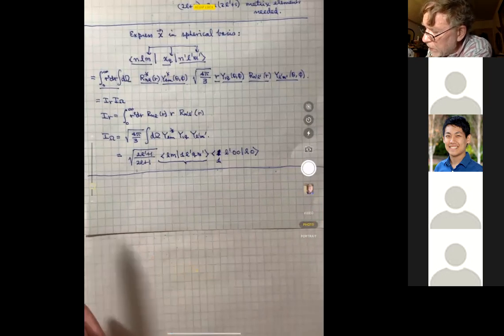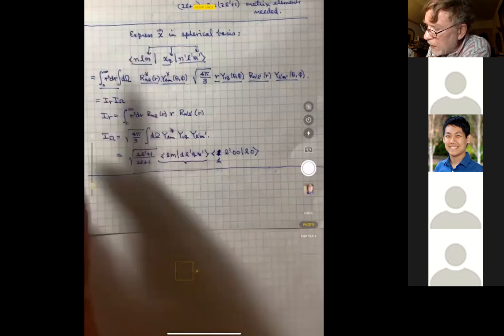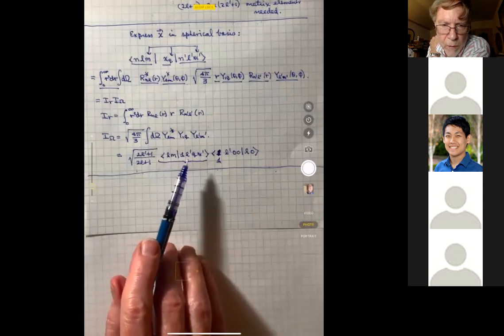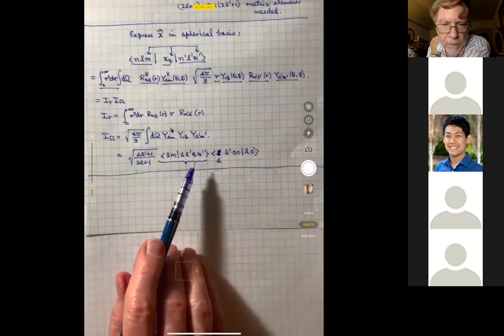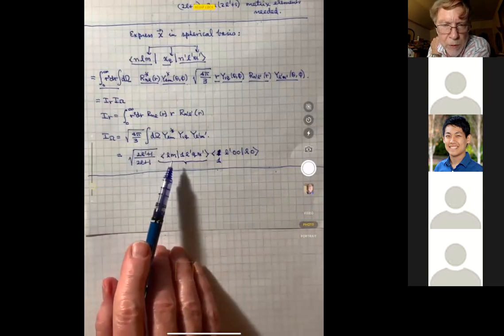So what that means is that, for example, the 45 matrix elements we needed for that 3D to 2P transition, the number 45 comes from the different combinations of magnetic quantum numbers, all 45 matrix elements can be computed by this formula essentially just by looking up Clebsch-Gordan coefficients. So none of those integrals actually need to be done.